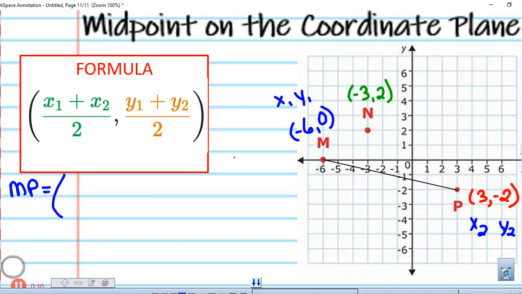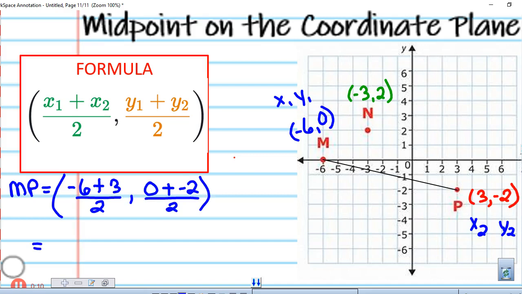All right, so then we're going to plug it into our formula, x sub 1. So we have -6 plus x sub 2 is 3 divided by 2. Y sub 1 is 0 plus y sub 2 is -2 divided by 2.